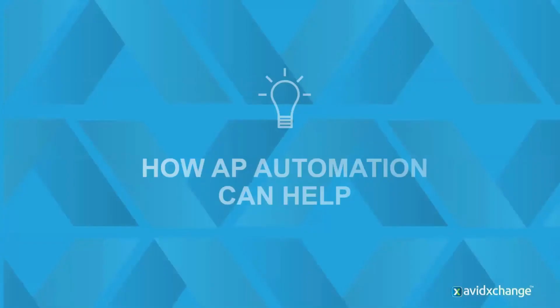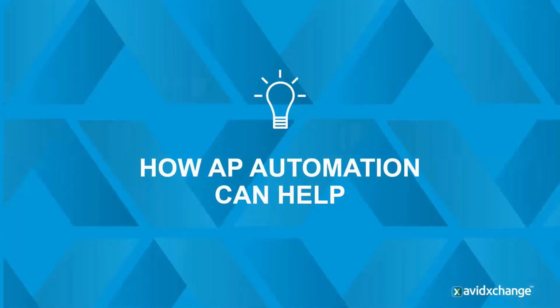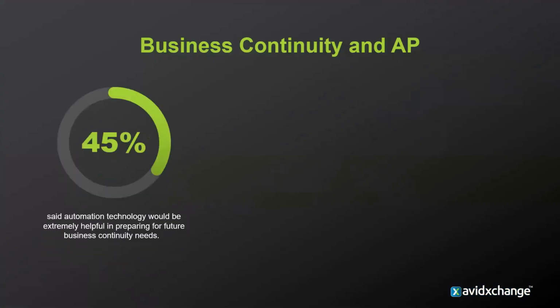As far as the accounts payable processes within a business continuity plan, certainly automation is one way, and probably the best way, for companies to manage business continuity across the AP process.